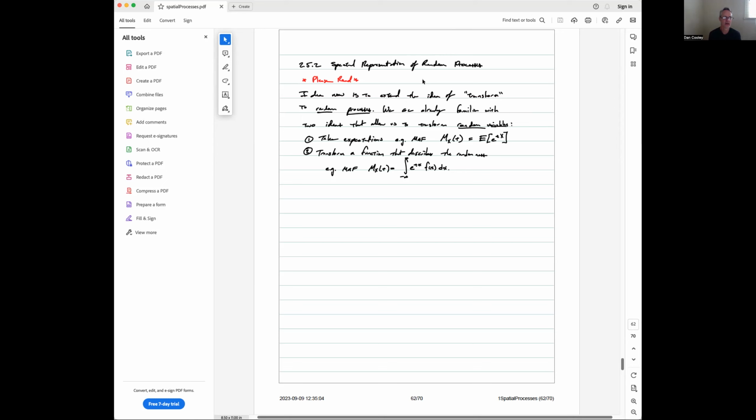As the notes read here, the idea is to extend the idea of transform to random processes. And this is not entirely foreign to you because you have done transforms of random variables. If we think of a transformation as starting with a function and ending up with a different function which contains all of the information, then to transform a random variable we need a function which describes the randomness in that random variable. Often that's the density.